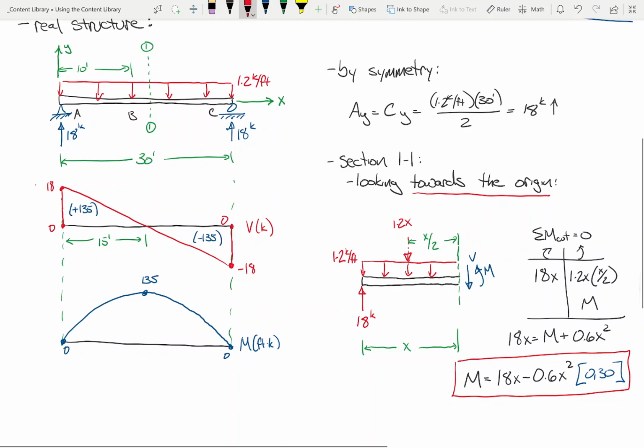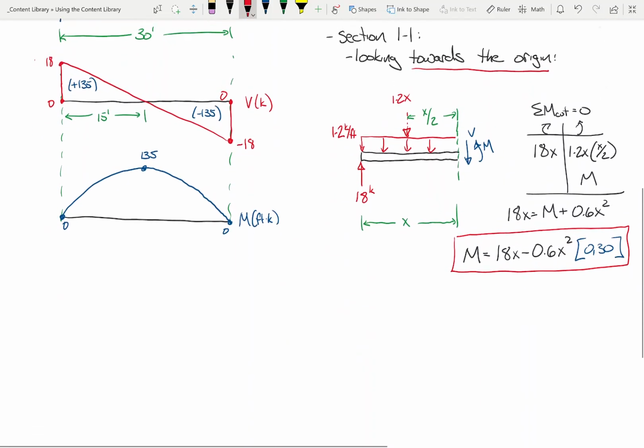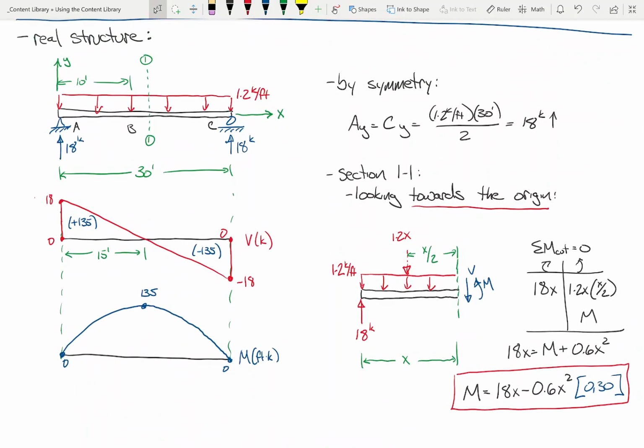Okay, so now, does everybody have all this? Everybody have everything here? Any questions on it? Yes? So you had 18 kips going upwards, and then it went over to 18x. Yeah, because if we're summing moments at the cut, it's 18 times x.